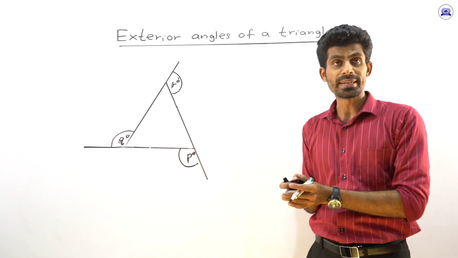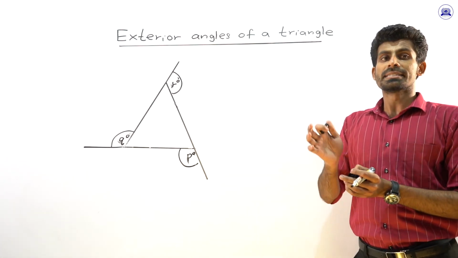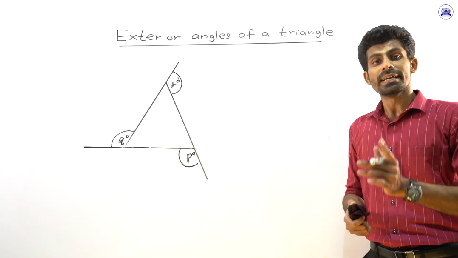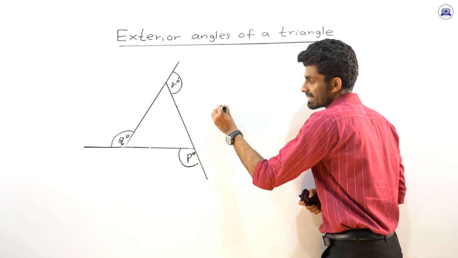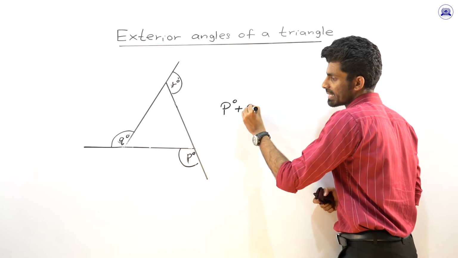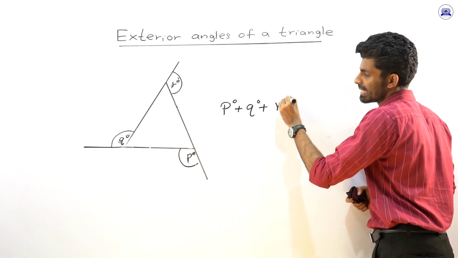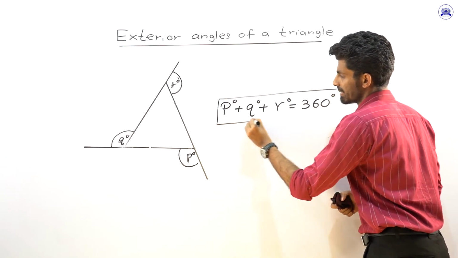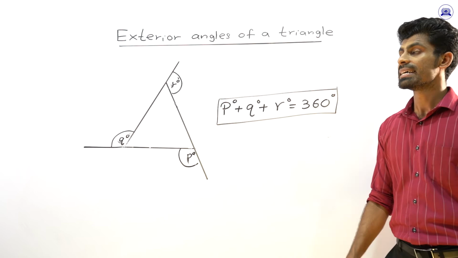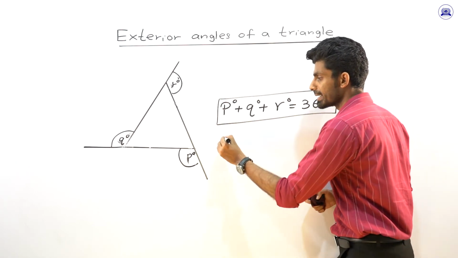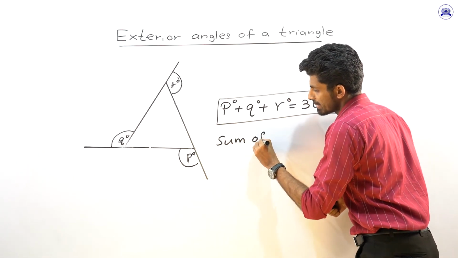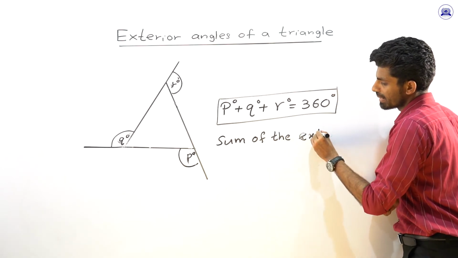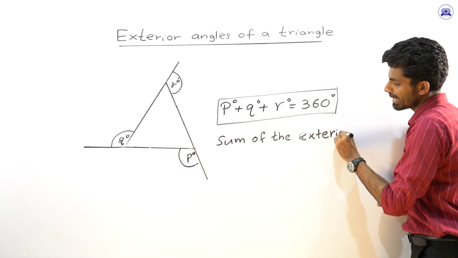What is the theory here? Sum of the exterior angles of the triangle is equal to 360. P plus Q plus R equals 360. Right?